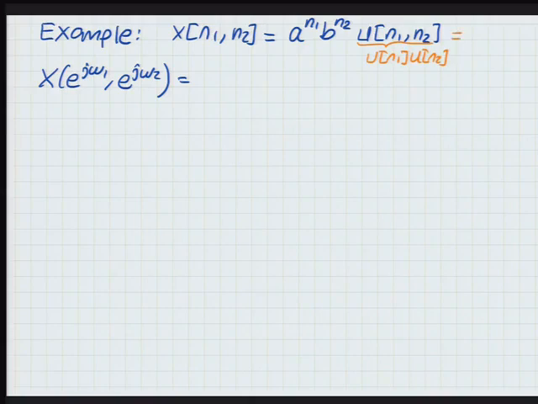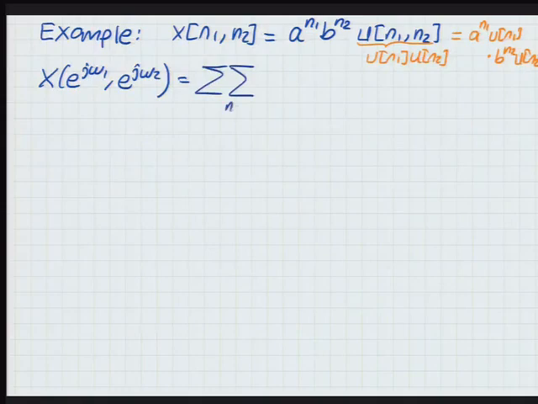So really this whole two-dimensional signal can be separated into a product of a function of n1 alone and a function of n2 alone, and those functions are, of course, a to the n1 u of n1 times b to the n2 u of n2. So it's a product of two independent functions. One is a function of n1, the other is a function of n2. So then the double sum we have actually can also be separated.